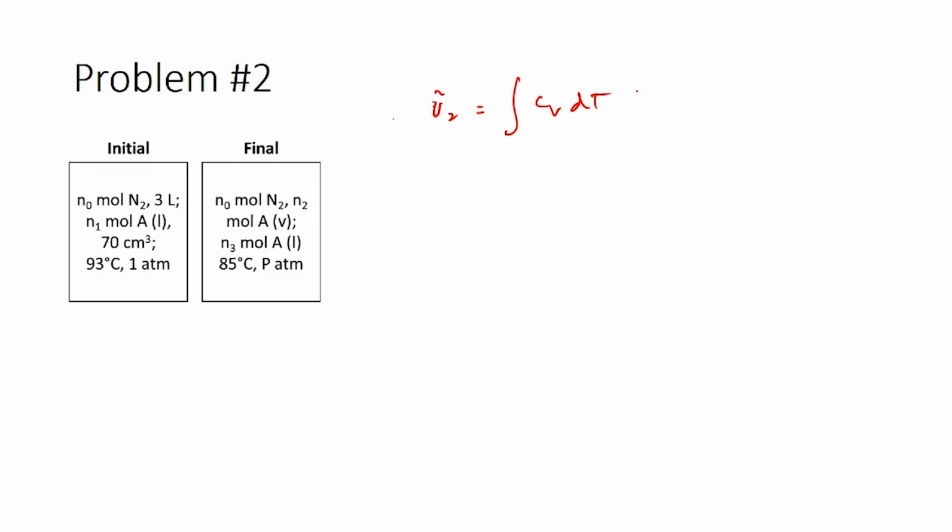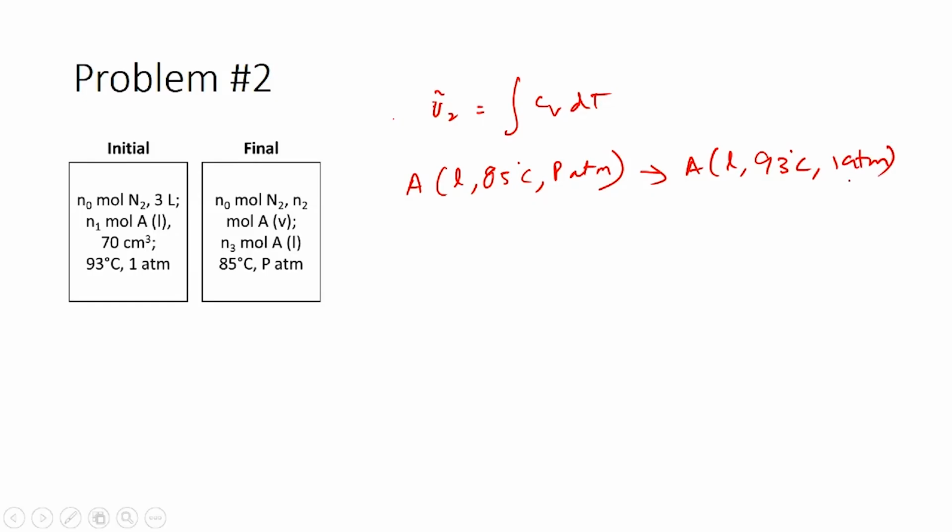Similarly, we can calculate U2 cap as the integral of Cv dT. Here it is a process where component A, in liquid phase at 85 degrees Celsius and P atmospheres, the reference state, goes to A as liquid at 93 degrees Celsius and 1 atmosphere. Again ignoring the effect of pressure, the process is only a change in temperature, going from 85 to 93.